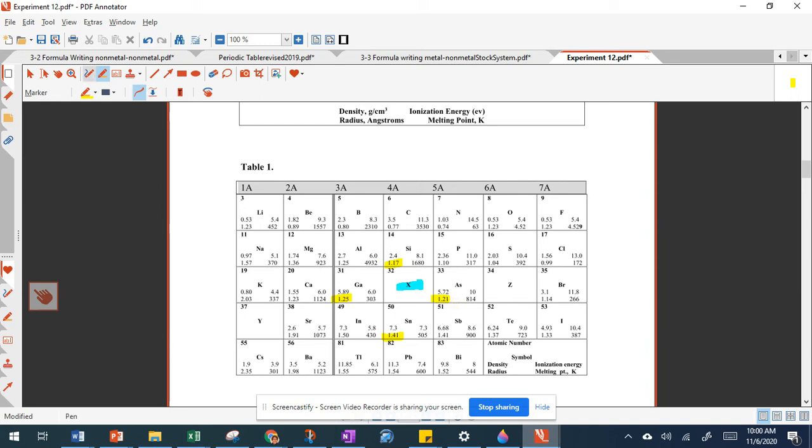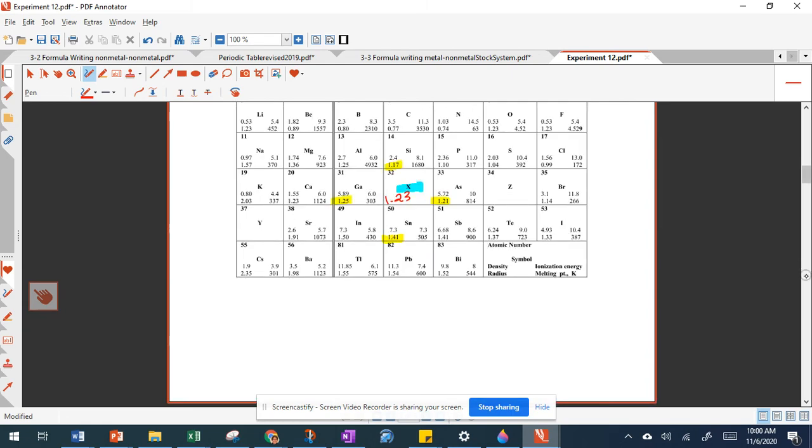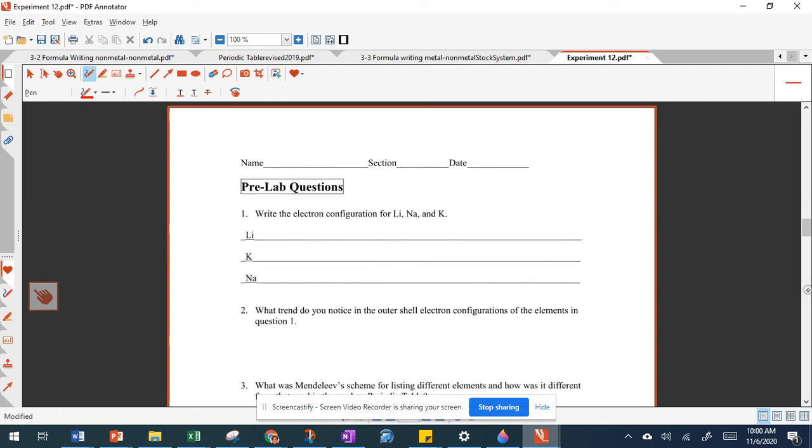But if we chose something like 1.23, we would see that would fall with the trend for the group as well as the period. So that would be an acceptable value for the radius. So that is what you're doing in the modern day Mendeleev.